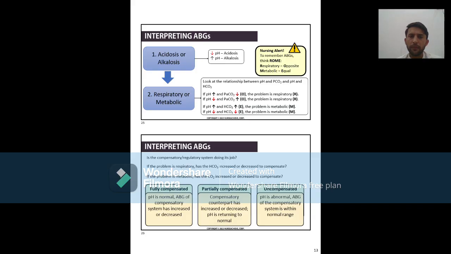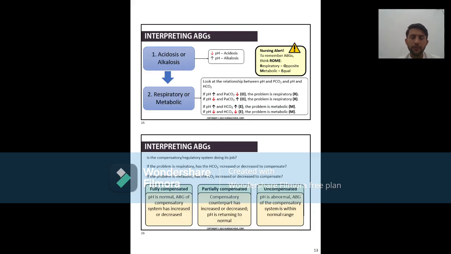In a metabolic condition, both the pH and the bicarbonate will go in the same direction. The pH will go up and bicarb will go up, because bicarbonate is basic in nature. If the bicarb level goes down, the pH will also go down. It means metabolic equal.